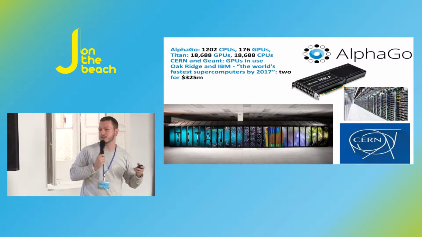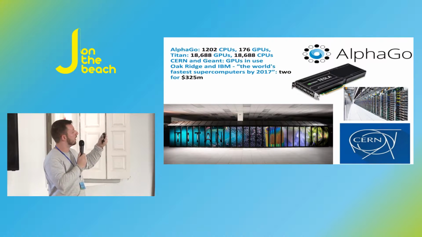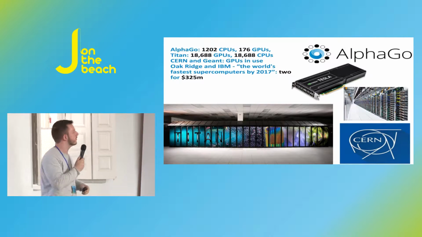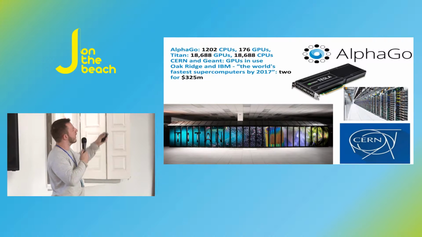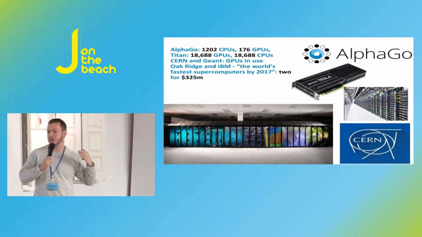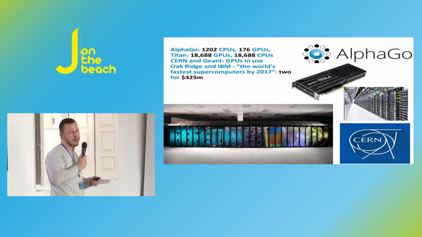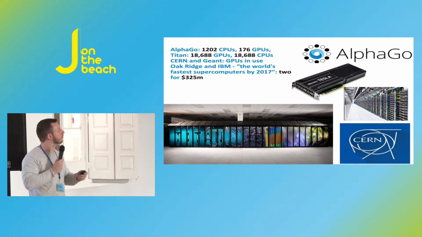Again, lots of GPUs, lots of CPUs. You've got CERN, I think I heard at the conference actually. I had a look, and they're using GPUs for something called Geant. Maybe I've said that wrong. And Oak Ridge and IBM have a new deal to put some GPUs in some supercomputers worth a few $100 million. So people are caring about GPUs and are investing in it.